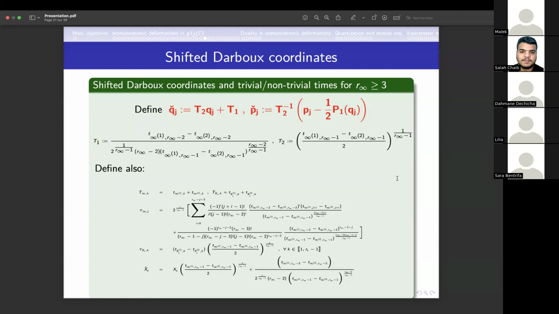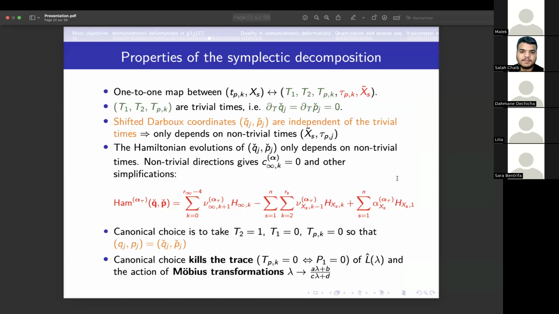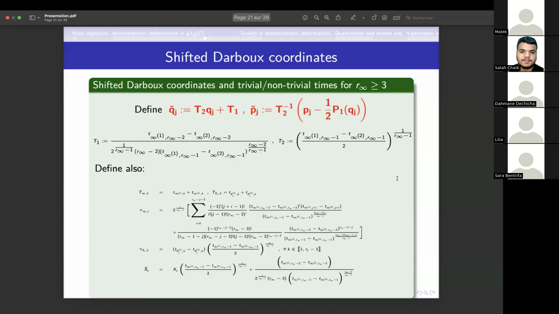This was exactly what motivated us to define these shifted Darboux coordinates, for which a lot of evolutions got canceled out. How did we do this? It's just by following the action of the Mobius transformation on the connection itself. So we were able to define this new set of times, T1, T2, the big T's, and we called them trivial times.